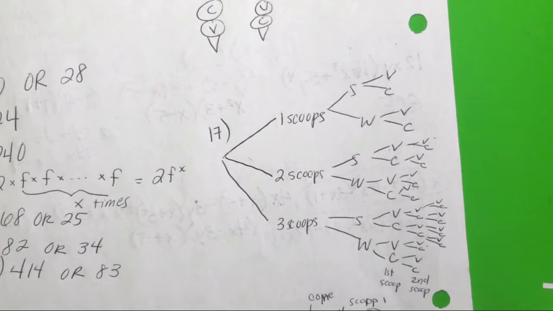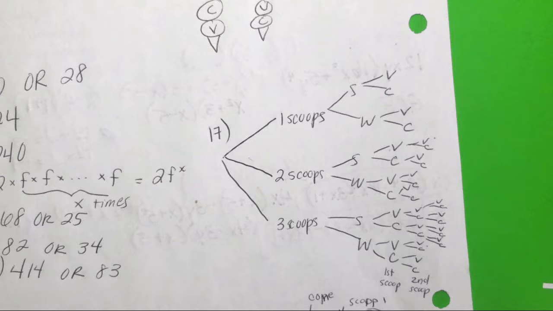But if you're determined, because I have this one guy for the period, he's determined to tree diagram the world. So if you want to do it with a tree diagram, you can. So if we're using a tree diagram, I did a branch for each scoop: 1 scoop, 2 scoop, 3 scoop. And then I do branches for the 2 different kinds of cones, sugar or waffle. And then I still do a branch for is it vanilla or chocolate.